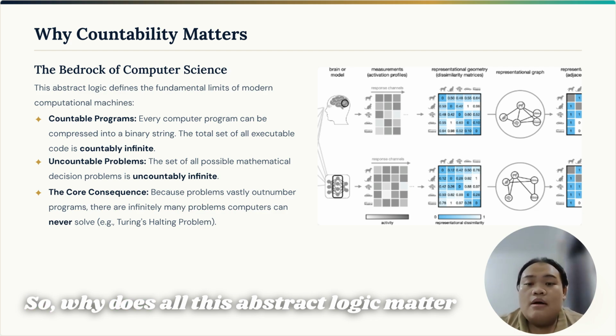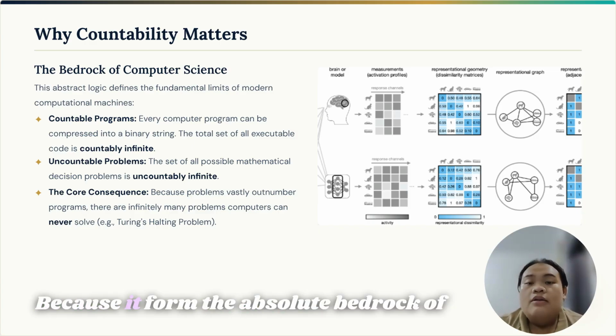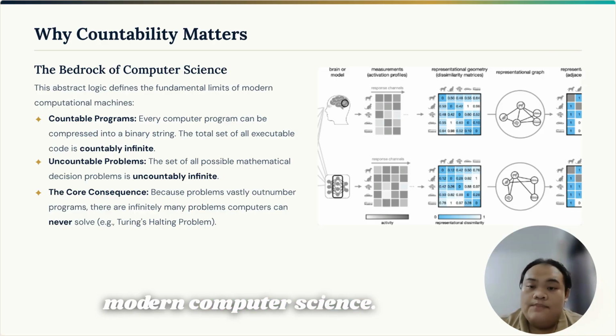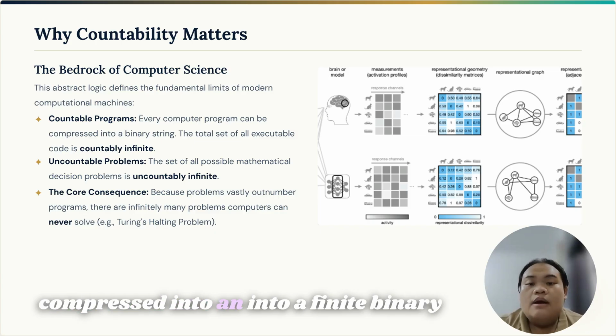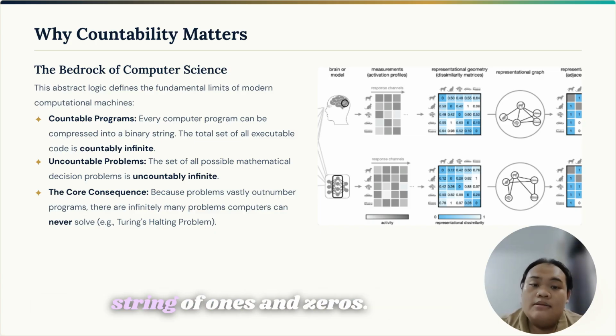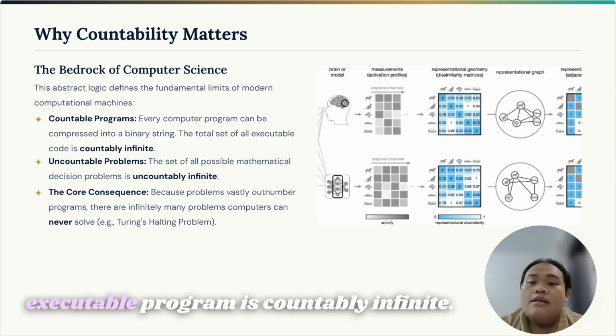So, why does all this abstract logic matter to us today? Because it forms the absolute bedrock of modern computer science. Every piece of computer code can be compressed into a finite binary string of ones and zeros. This means the total set of all possible executable programs is countably infinite.